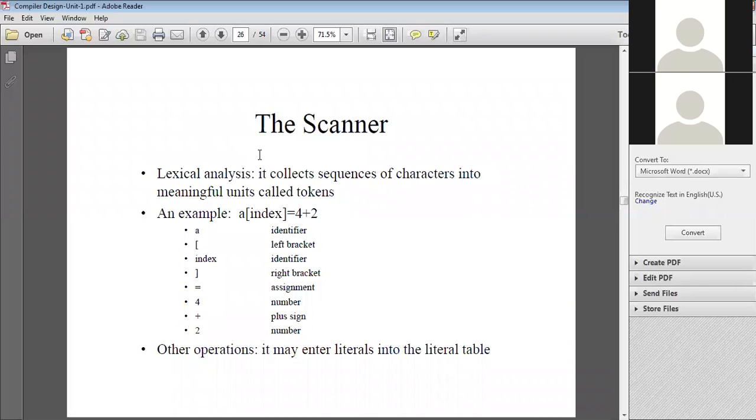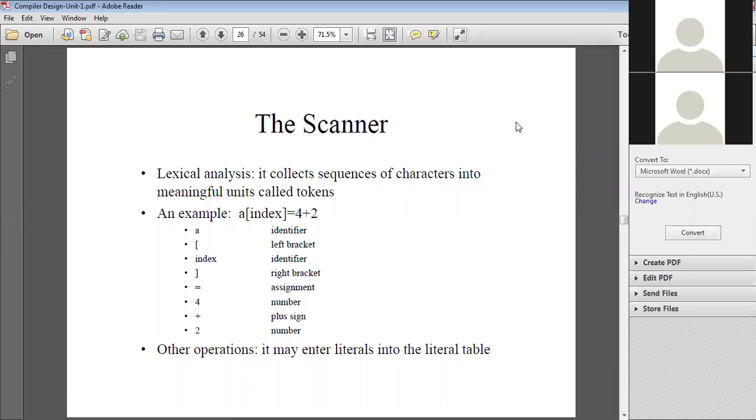So here we can see the function of the scanner. Lexical analysis collects sequences of characters into meaningful units called tokens.